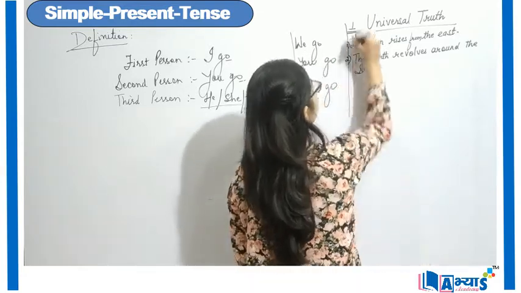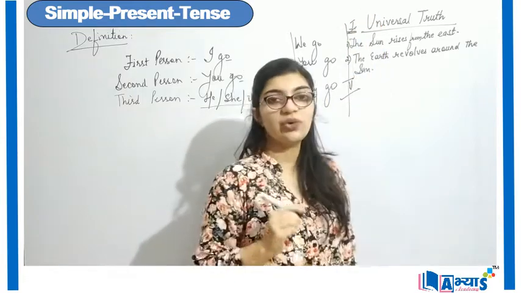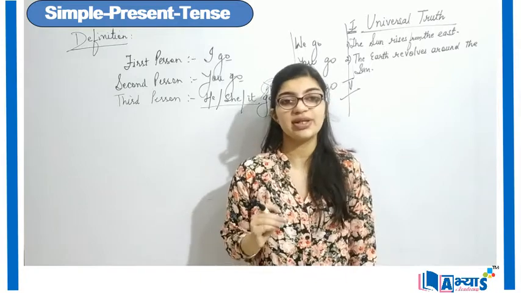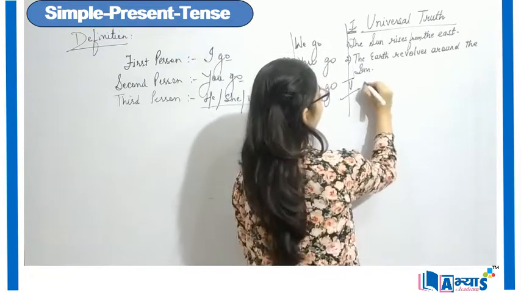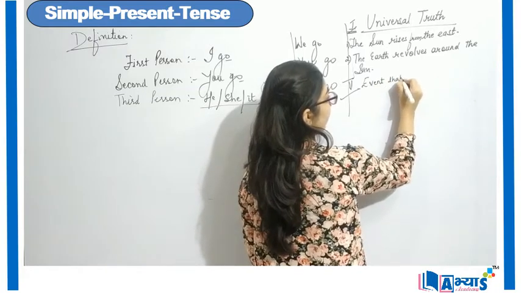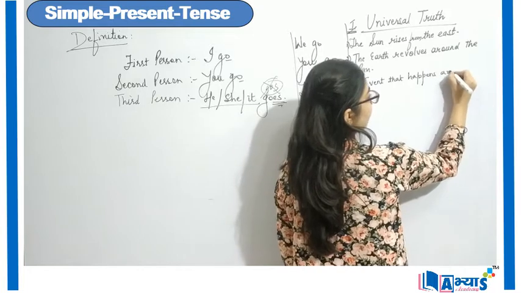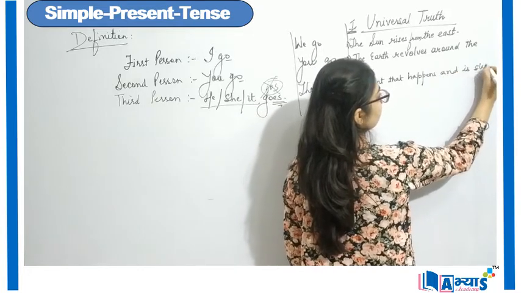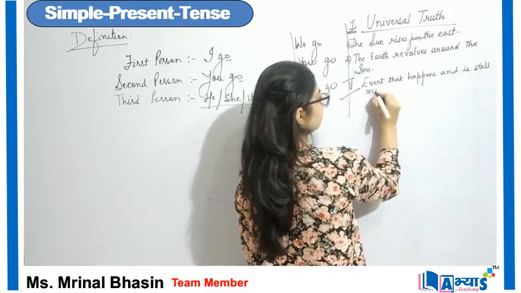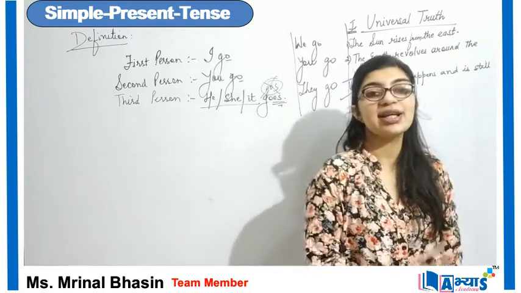Now the second, this was the first. The second way in which simple present tense is used is for an event that happens and is still occurring. It has not yet ended and it is still occurring.